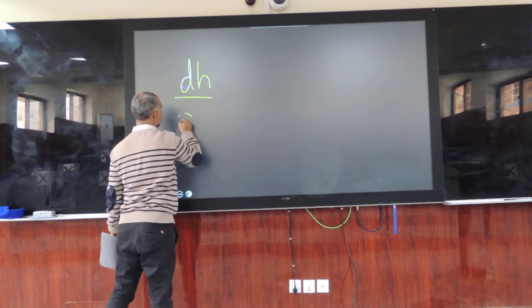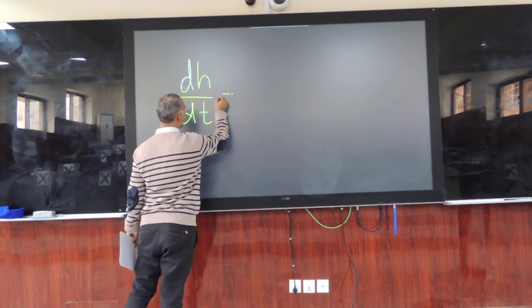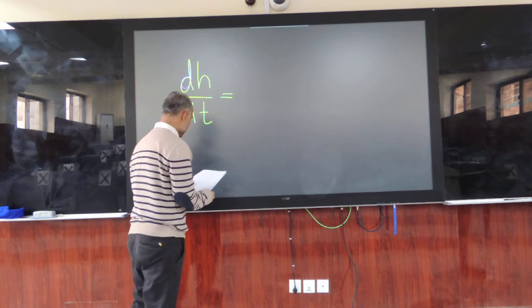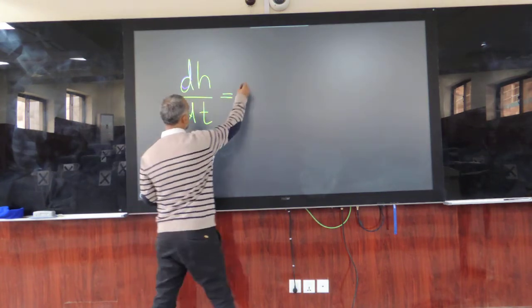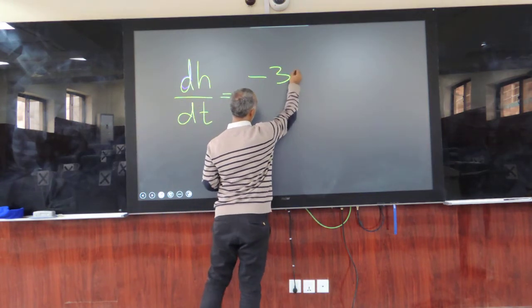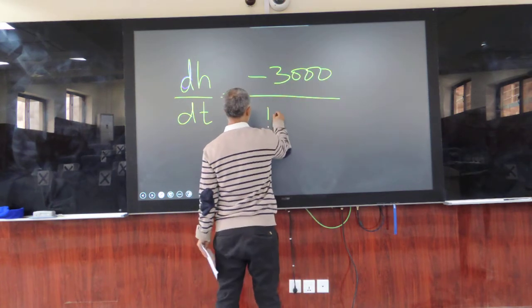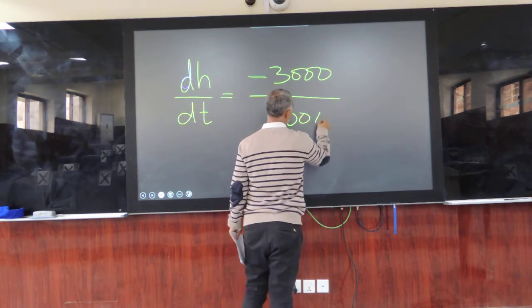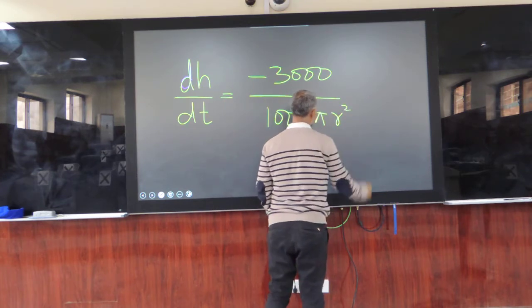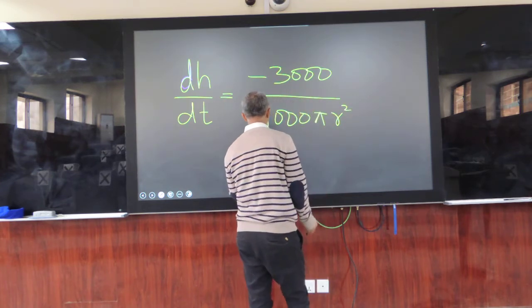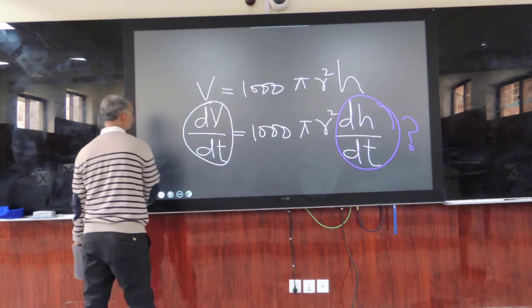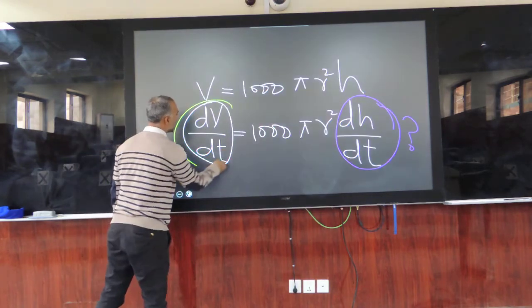So dh over dt, the change in height with respect to time. By cross multiplication, in the denominator there is 1000 pi r square, and we substitute the value of 3000.